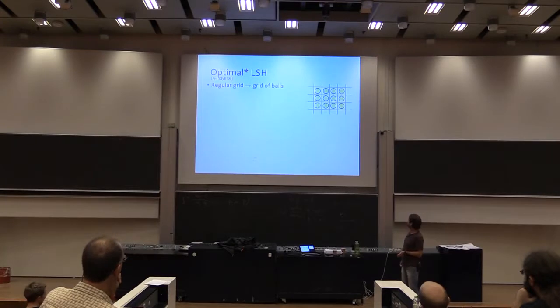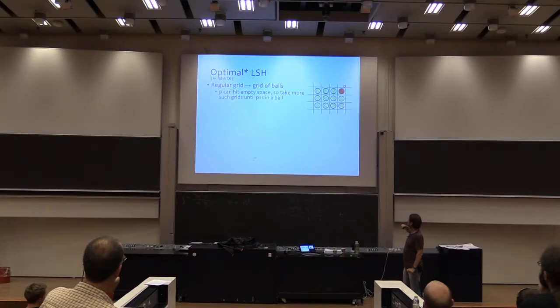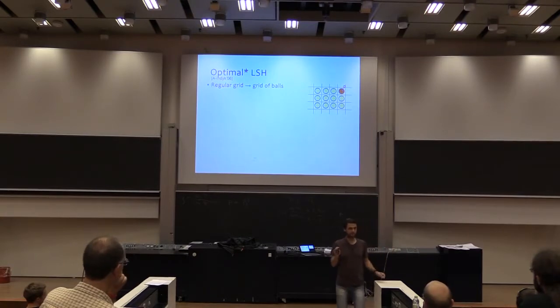The problem is that at point P, it falls into a ball, and this will be its bucket. Now, the problem is that for the grid of balls, ideally you'd like to tessellate, partition the space into balls, right? In high dimensions it is called tessellate. Again, if you want to impress your colleagues, right? Fancy words.